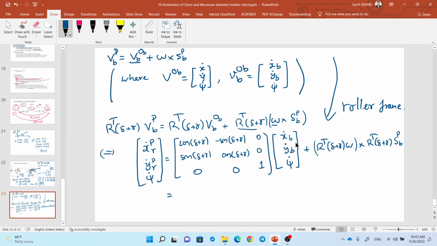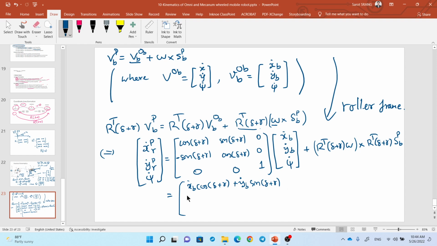So this one is h dot b cosine delta plus gamma minus y dot b, the minus sign is here, so this one is plus sine delta plus gamma.